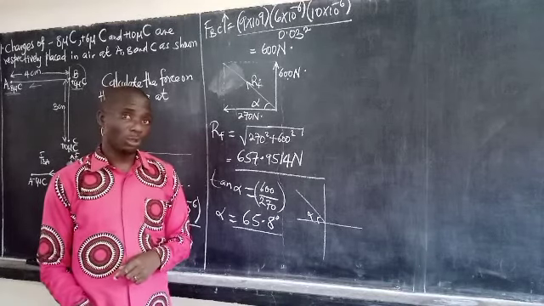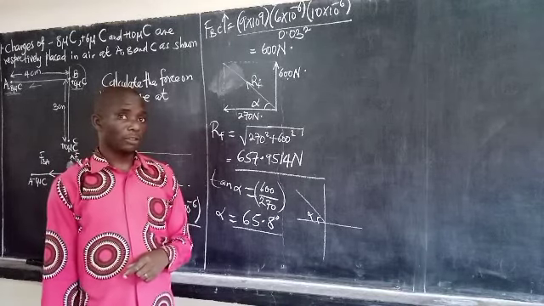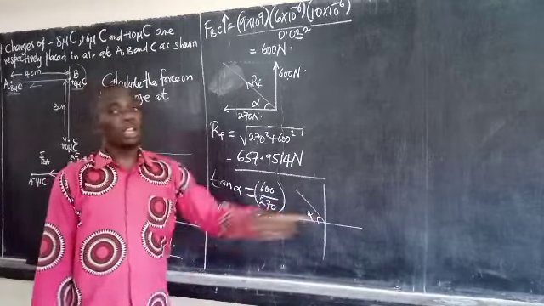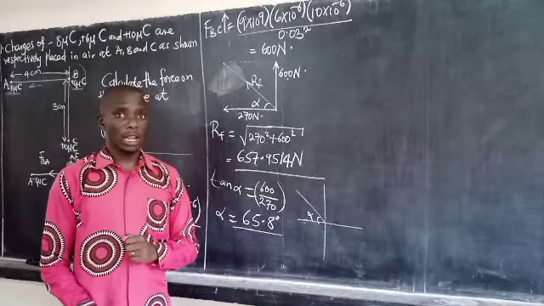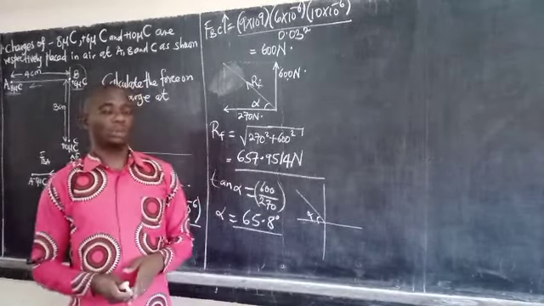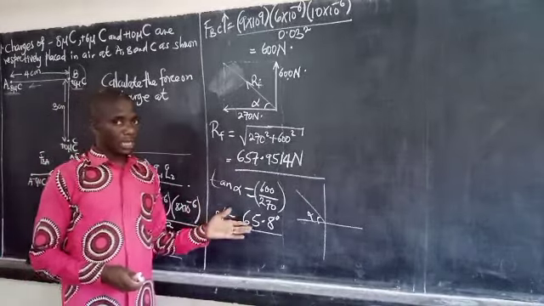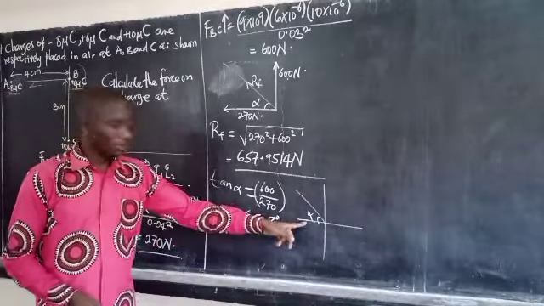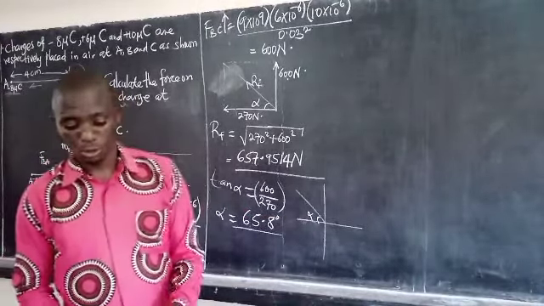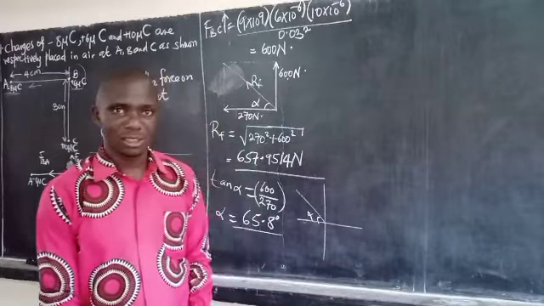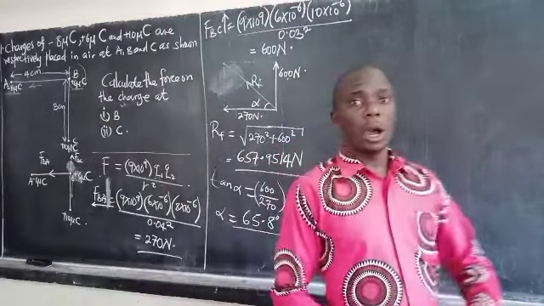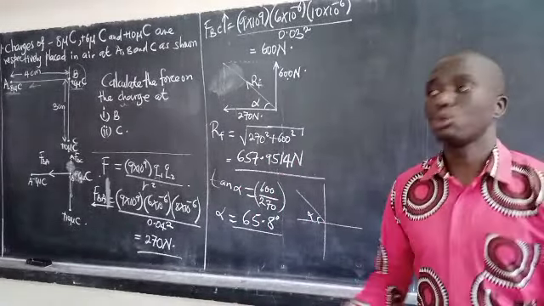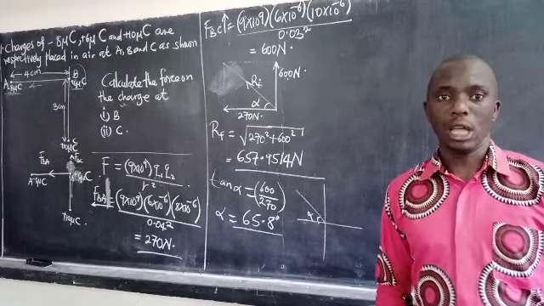I would wish that you avoid using the word above the positive or the negative x-axis, because this may be any horizontal axis, not necessarily x-axis. So don't be so specific. Let it be like that: at an angle of 65.8 above the negative horizontal axis. This is what we want, so that you continue doing all these things without any challenge, without any disturbance.